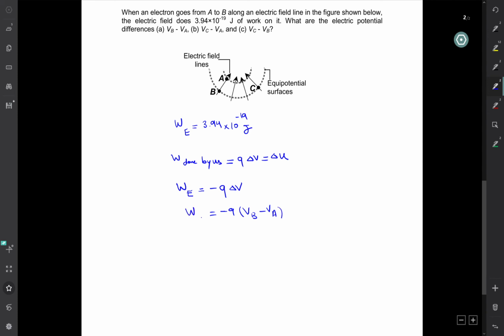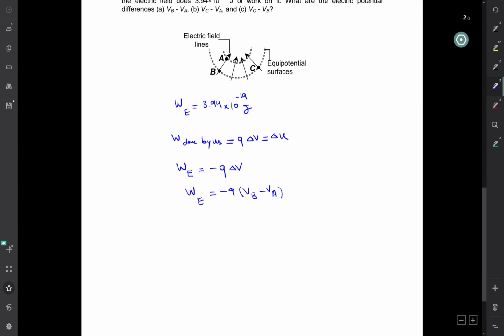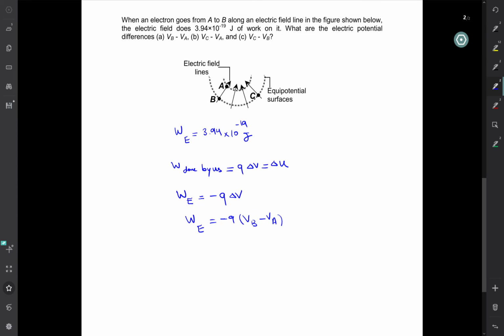Good. Now, if I sub in the values I'm given, the work done by the electric field, 3.94 times 10 to the minus 19, equals minus the charge of an electron, which is minus 1.6 times 10 to the minus 19, times VB minus VA.